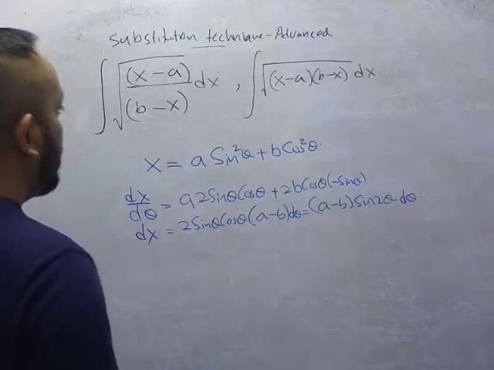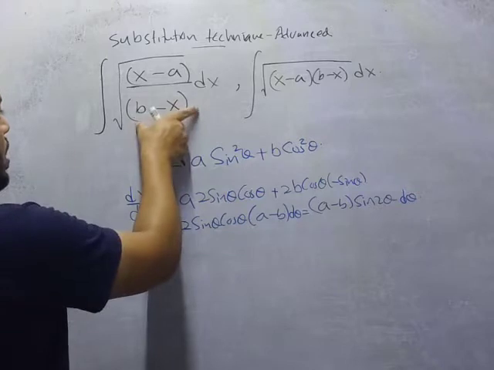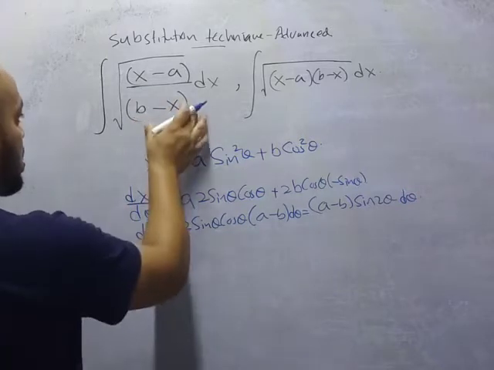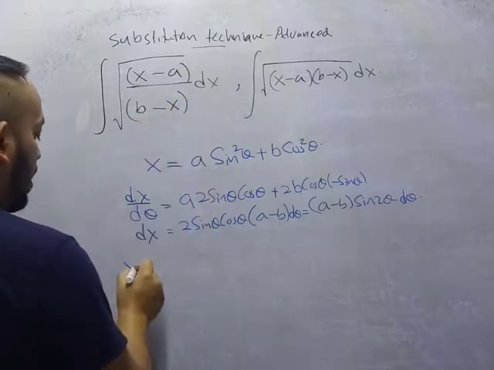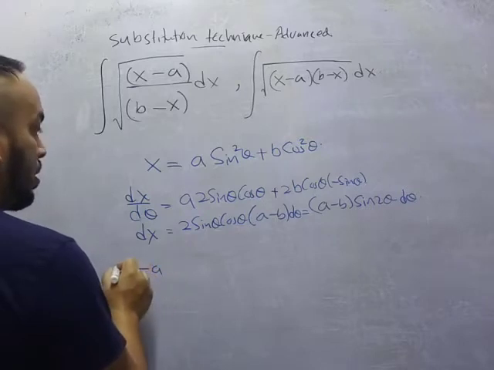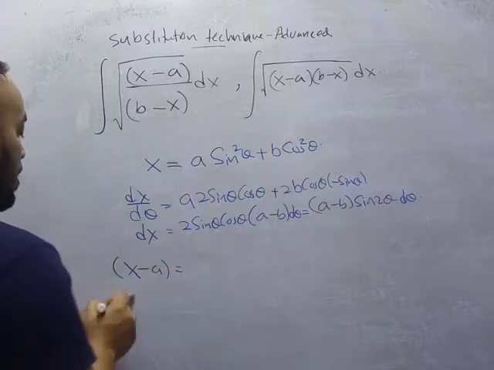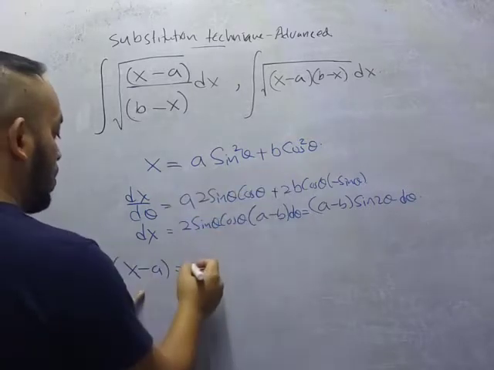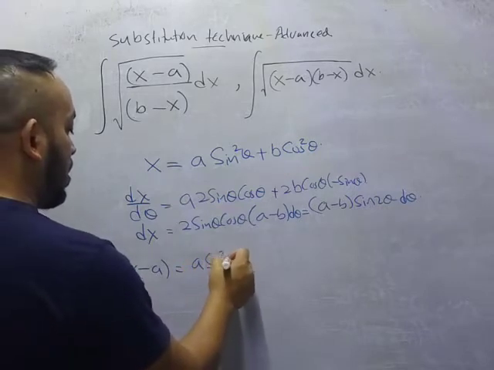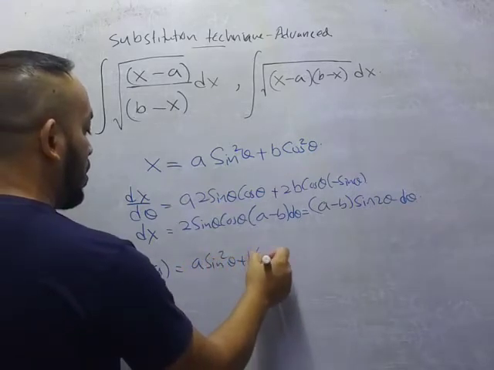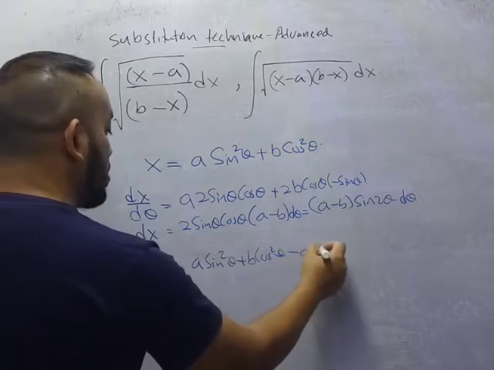Right. Okay, then let's take this expression and see what we'll get. x minus a. If we do this one, what do you get? x minus a, so a sine square theta plus b cos square theta minus a.